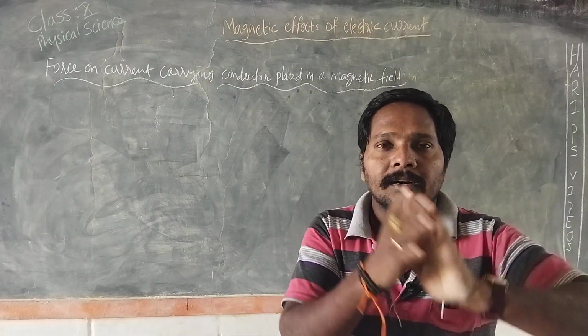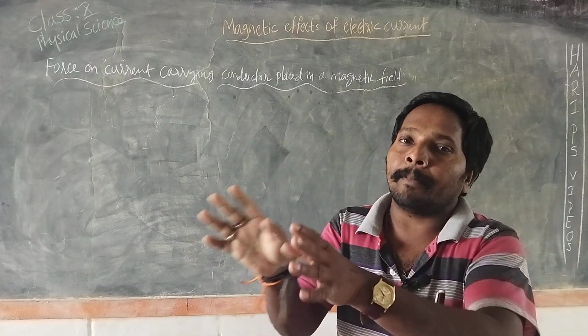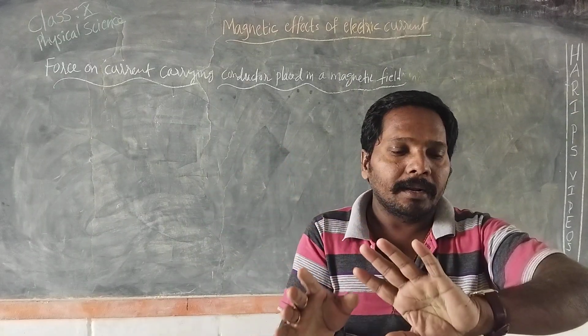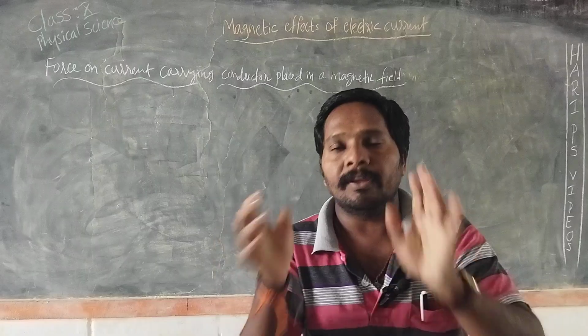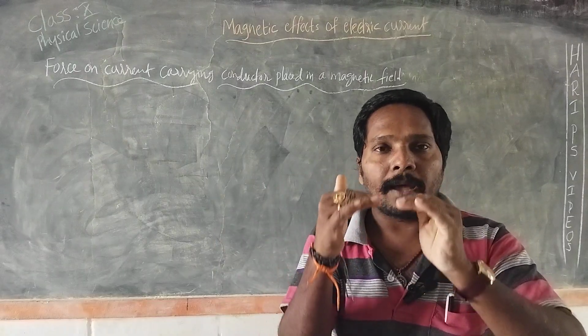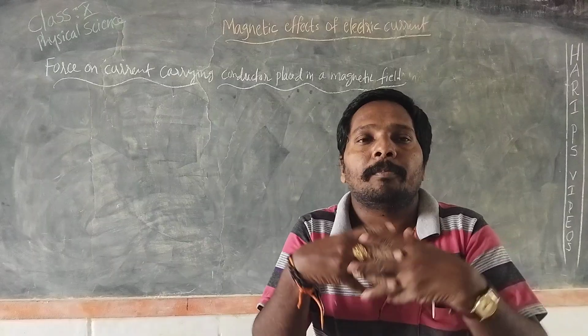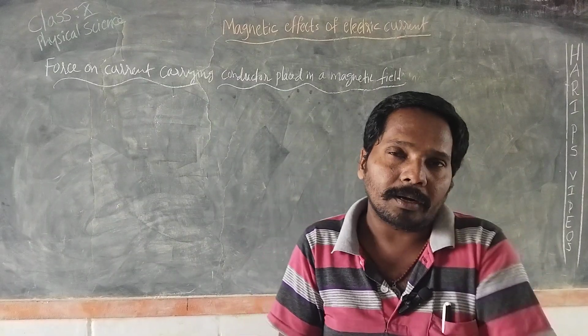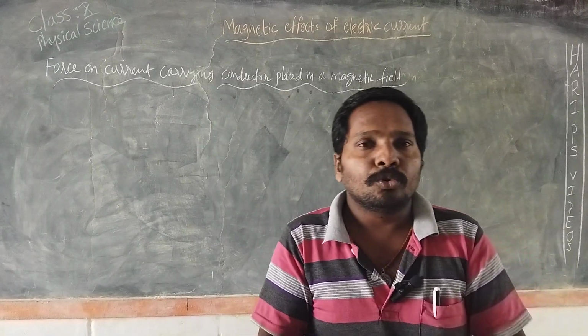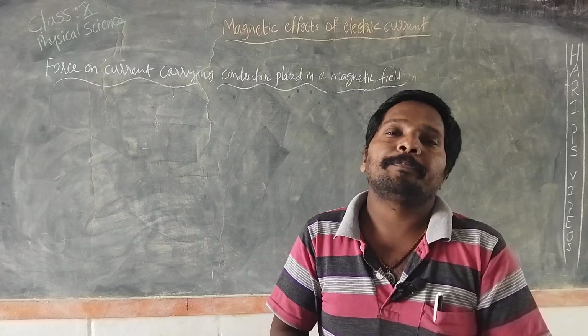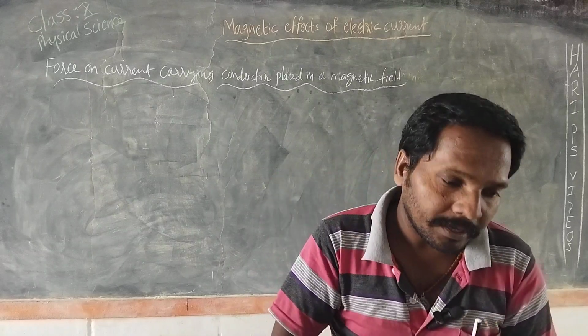So the motion of electrons is affected by a bar magnet. A bar magnet has a magnetic field. Due to this magnetic field, the electrons or charged particles are affected. That is why the screen is distorted.